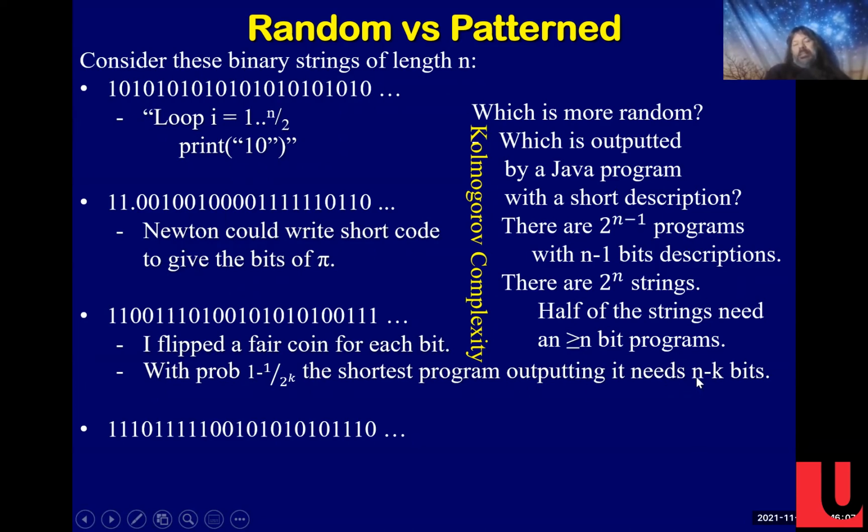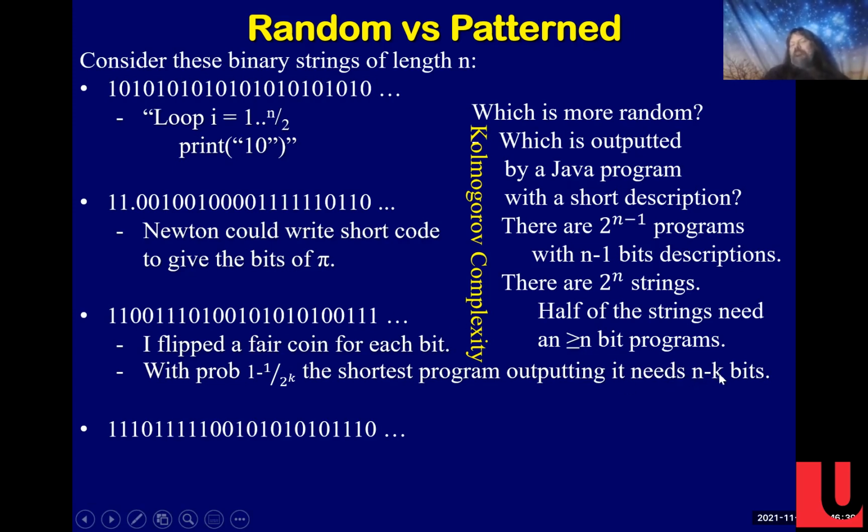What's the probability I get a string that can be described with n-k bits? You can always describe a string with n bits. You just say print, and then you give me the string. So it's slightly more than n bits because you have to count the word print. So every string can be written with n+5 bits by just saying print the string.